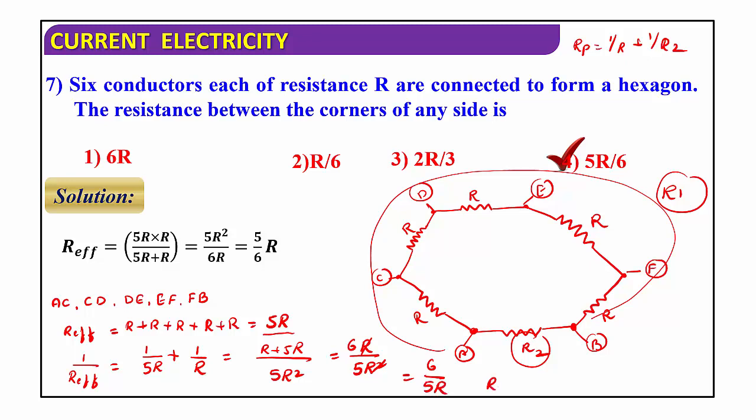I want R effective, so taking the reciprocal, 5R divided by 6. So 5R divided by 6 means option 4 is the right answer. So we have the resistance between the corners of any side. The corners, which are the 2 corners here? A as well as B. These are the corners of any side.